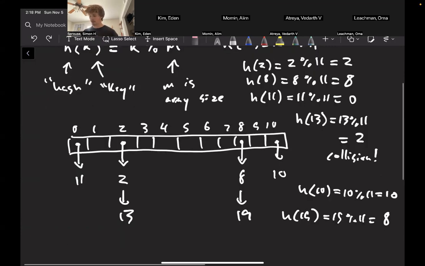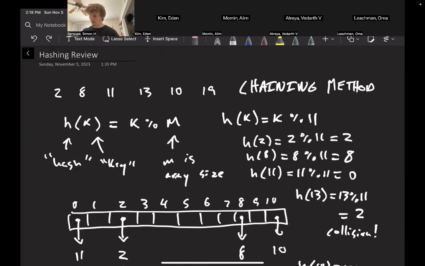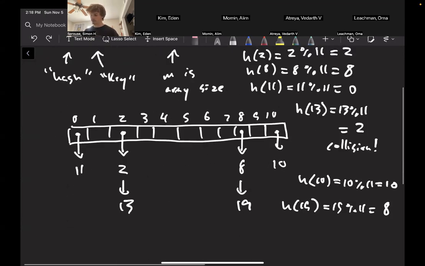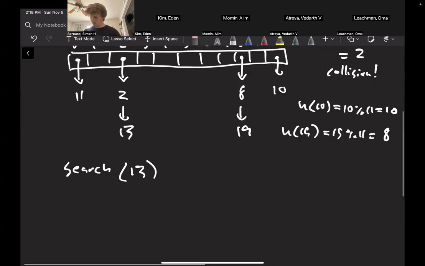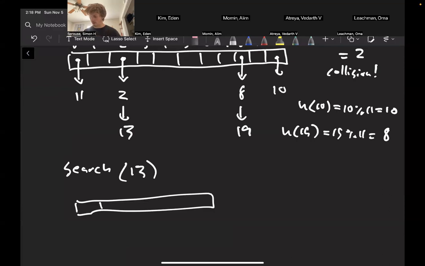That being one of the cons, and then also we do have collisions. So these do come up. But if we wanted to search for elements, so imagine we wanted to search for 13, we could do this relatively quickly. So just as a review, if you had a vector and you know that 13 is somewhere in this vector, you're going to have to search through, in the worst case, the whole thing to find your element, right?